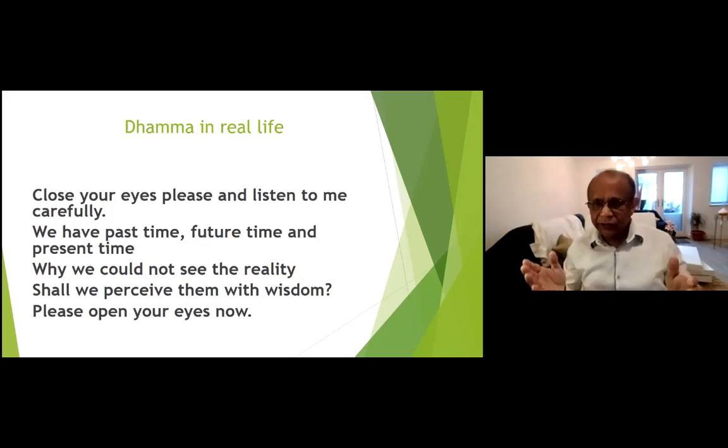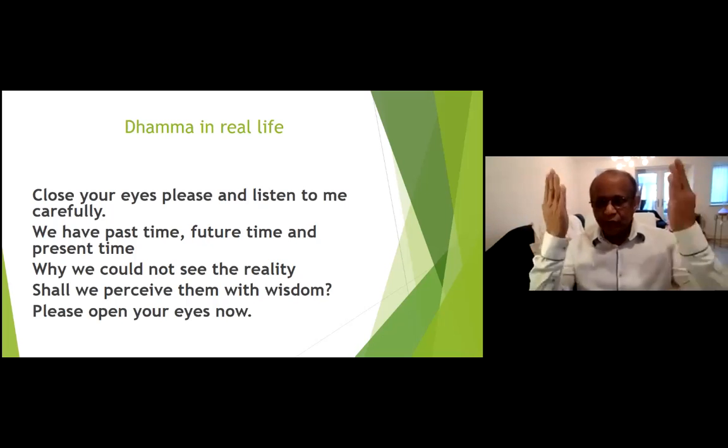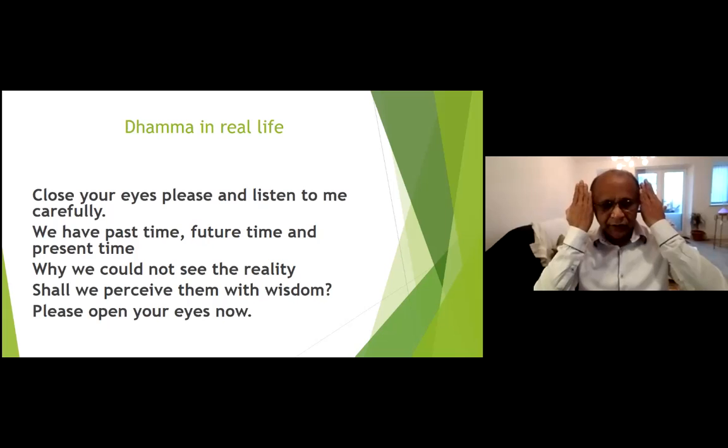I am trying to explain the reality and mind-created objects. Okay, now I am going to divide the present time into 2 groups. Now, if I ask you to put your hands like this, yeah, so please put your hands like this. And can you think what you've got behind your eyes?